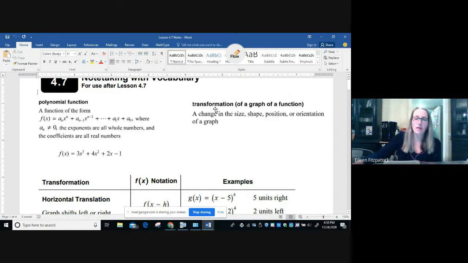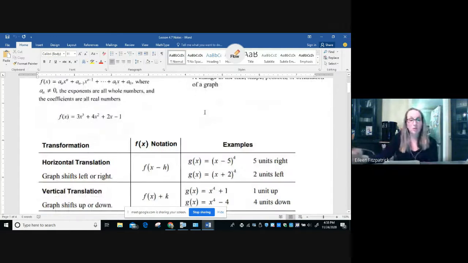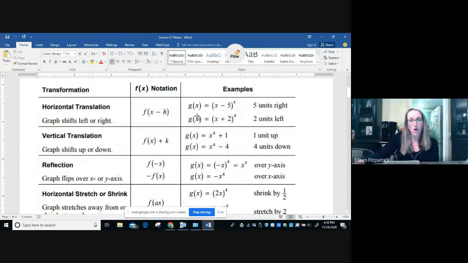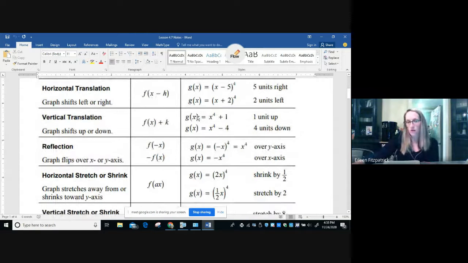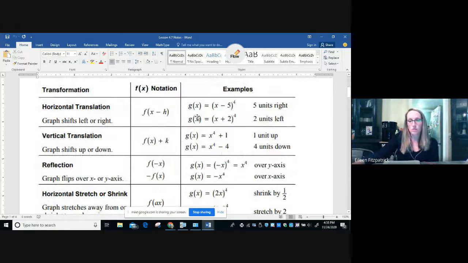All right, transformation of the graph of the function. When we transform the function, it is going to change the size, shape, position, and orientation of the graph. Okay, the transformation rules, luckily, are very, very similar. They look very similar to our transformation rules with our quadratics. So here's the notation. Here's an example.